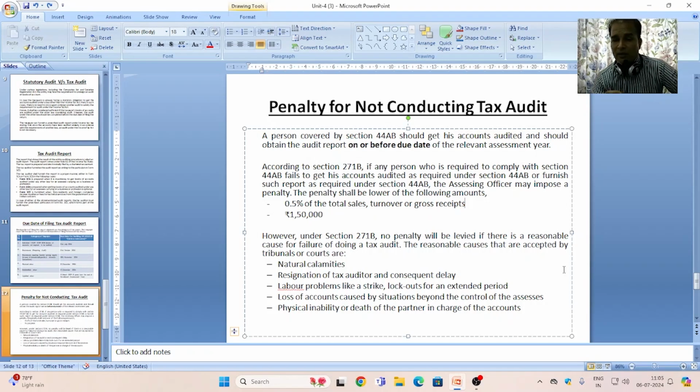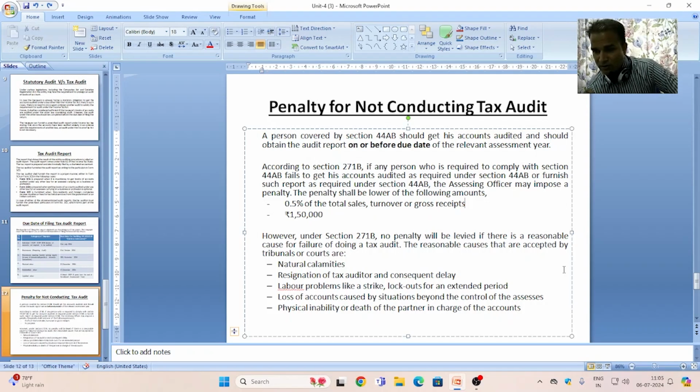It means the taxpayer or SSC didn't get their books of accounts audited due to sufficient reasons, due to reasonable cause.